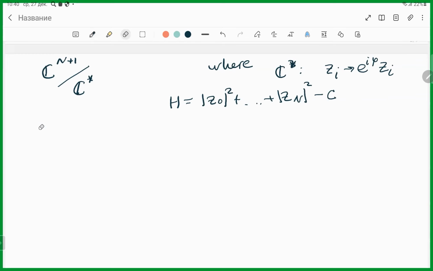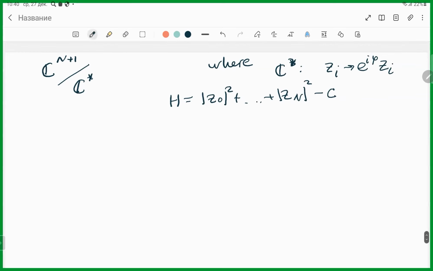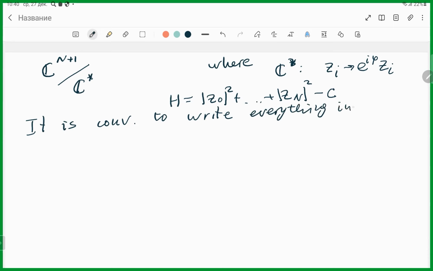So it is convenient to write everything in coordinates t_i that are |z_i| squared. So t_i are positive.